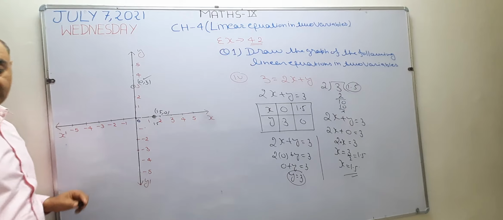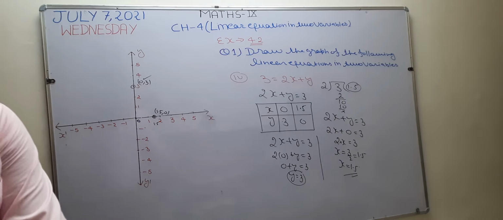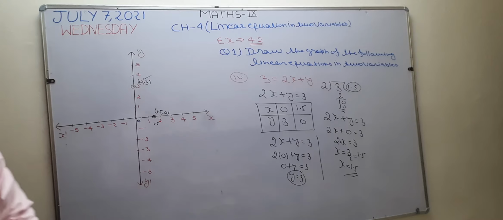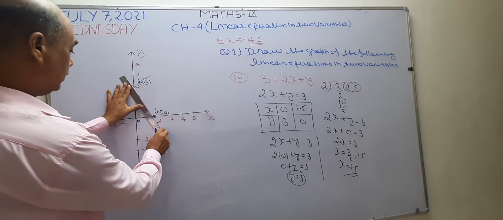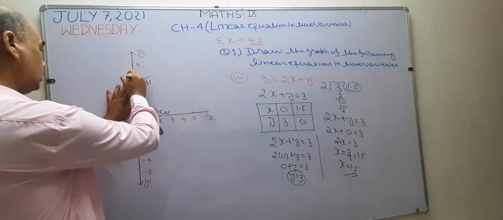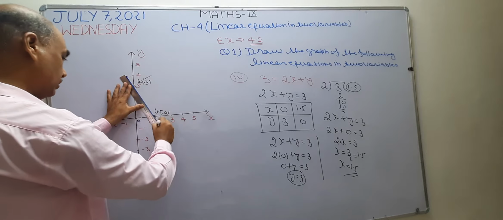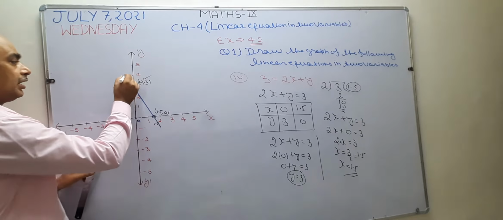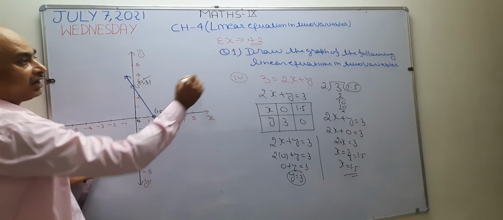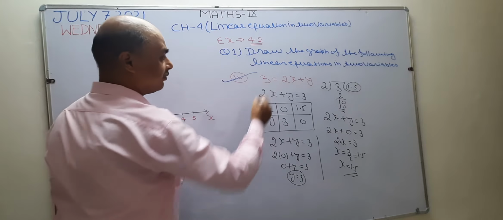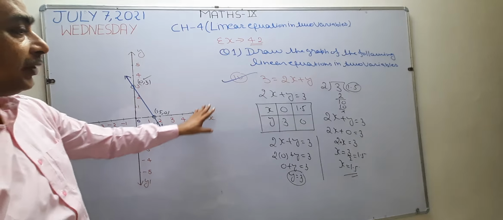Now I want to join these 2 points. When I join these 2 points, this is the required graph line of the given equation. Join these 2 points. This is the required graph line of the given equation. Okay, I hope it is clear now.